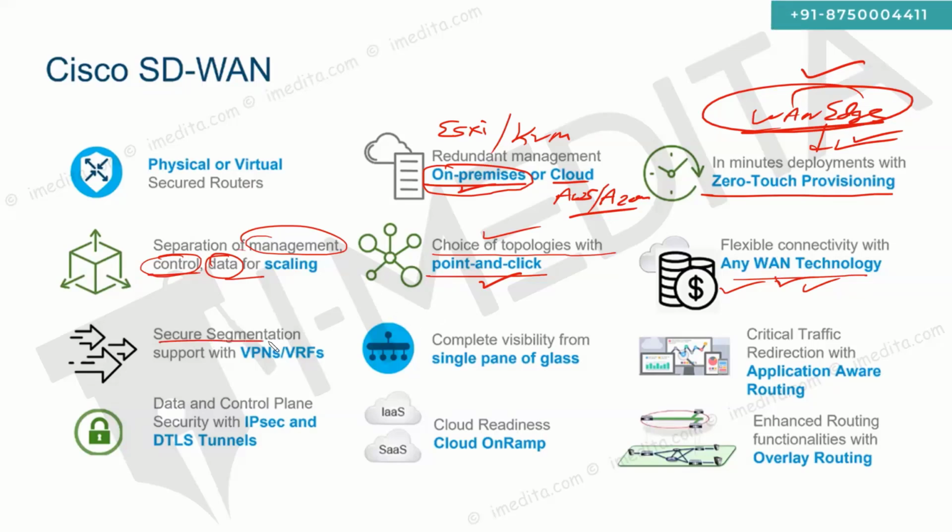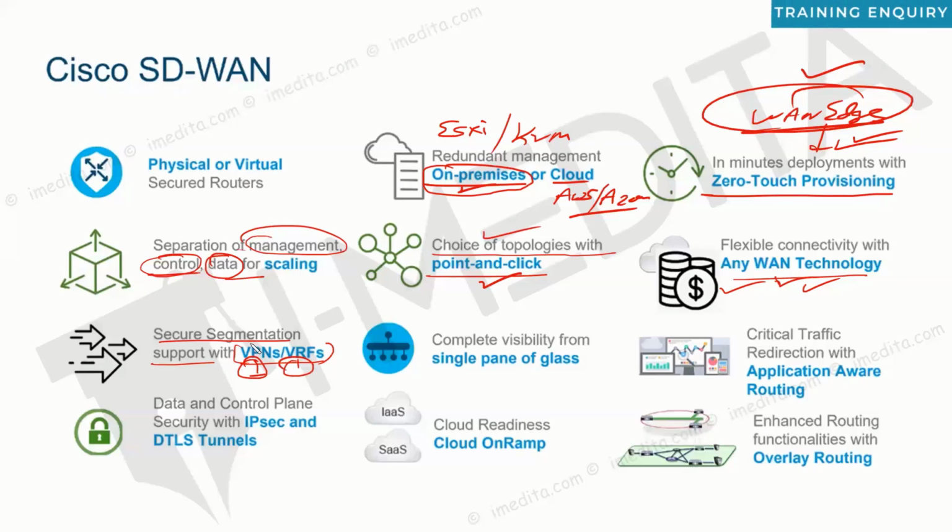Also, it supports secure segmentation with the help of VPNs or VRF. As I told you yesterday, somebody asked this question, and I explained that VPN and VRF are the same. In the Viptela operating system, we call it VPN. In iOS XE, we call it VRF.